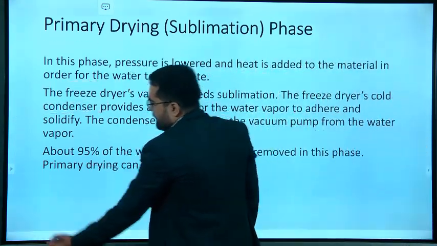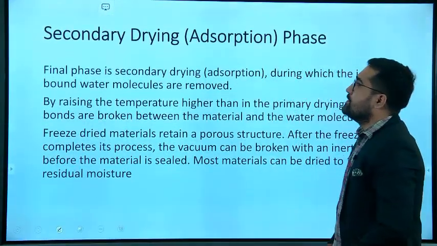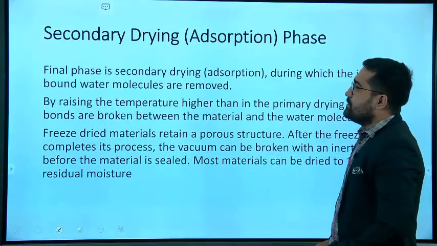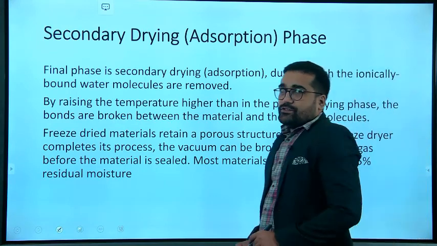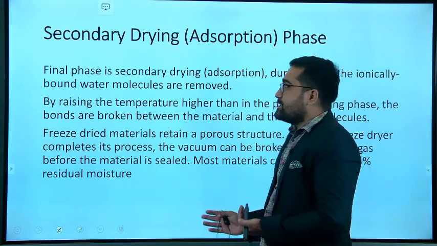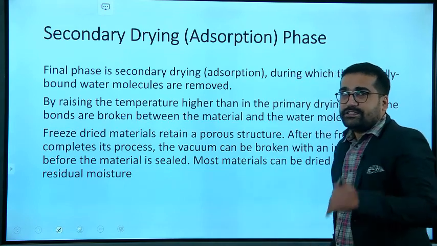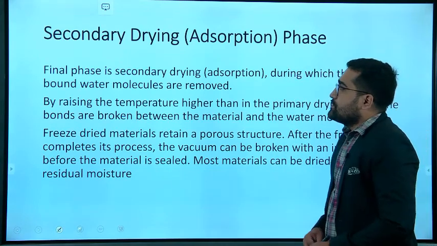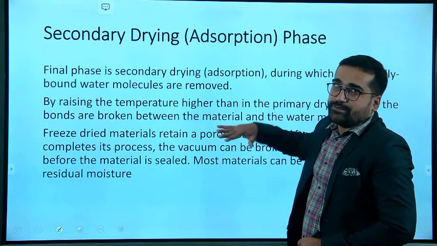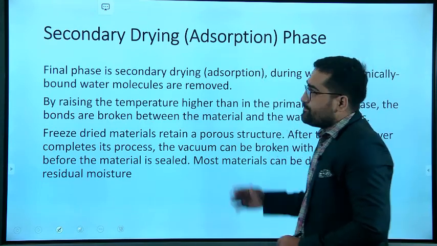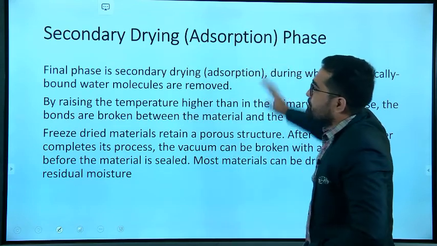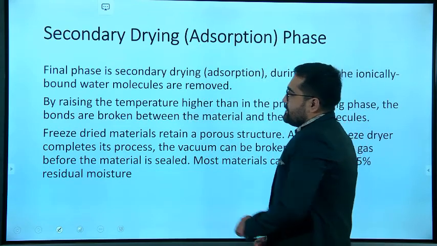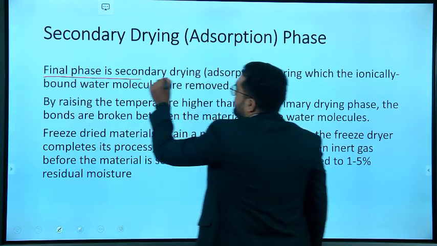Going to the next slide, which is the secondary stage or secondary drying phase, also known as adsorption. There are two terms, adsorption and sorption, which we have already studied in drying, so I won't repeat what is adsorption, what is sorption, what is desorption. In this we try to perform adsorption. This is the final stage of the drying.